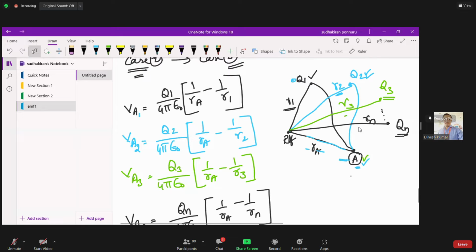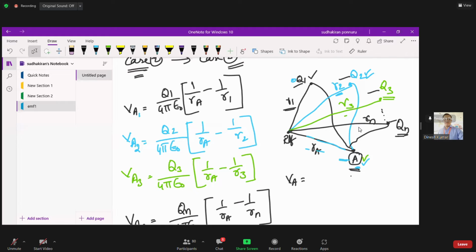Now what we need to find is the final value of electric potential at location A because of Q1, Q2, Q3 as well as Qn. That is nothing but the final value of VA.